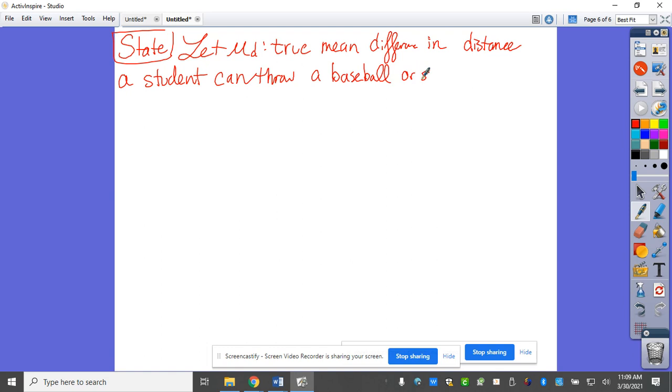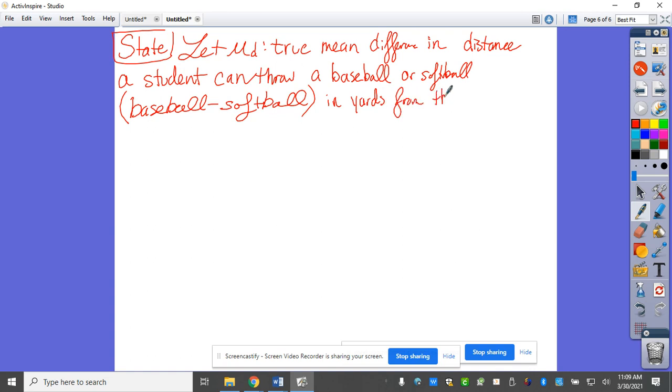What needs to be included at some point? So which would be the smartest way to set up this problem? And then I'm finishing out. So the true mean difference in distance a student can throw a baseball or softball. What else do I need? In yards from this high school. Did I miss anything?